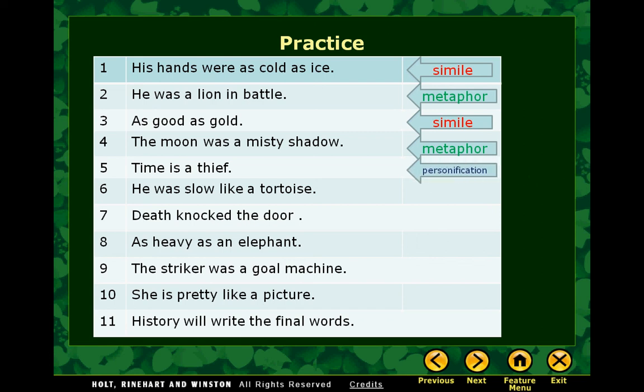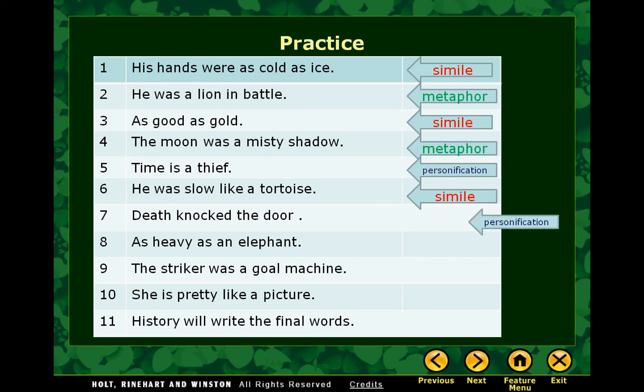It's a personification. He was slow like a torch. The word like indicates a simile. Great. Death knocked the door. Is death a person to knock the door?